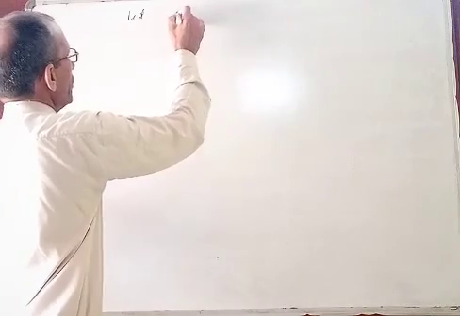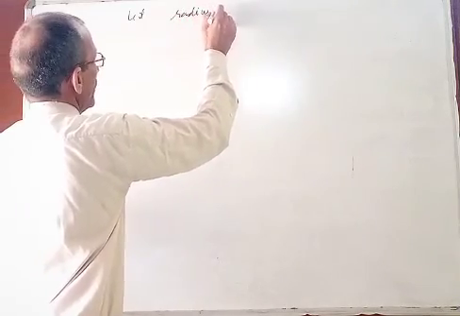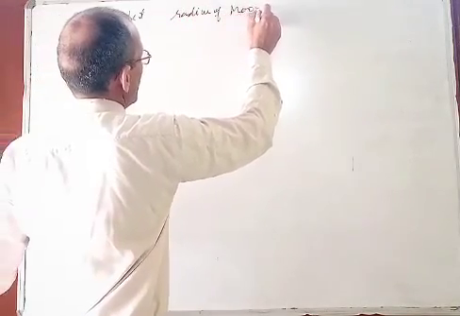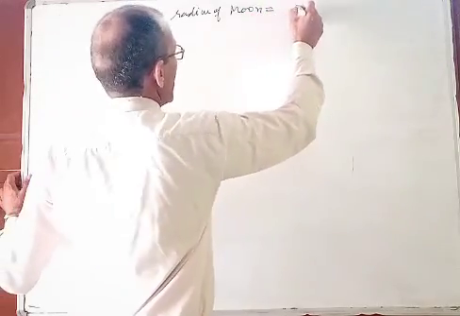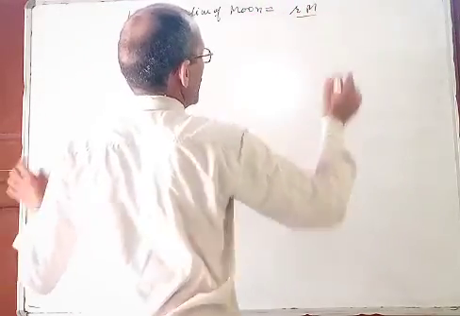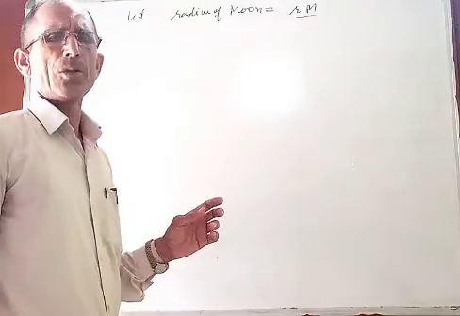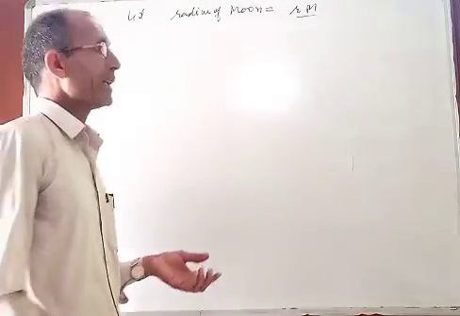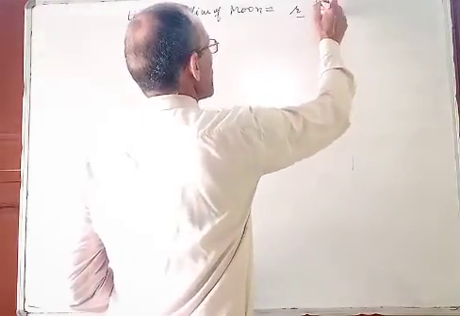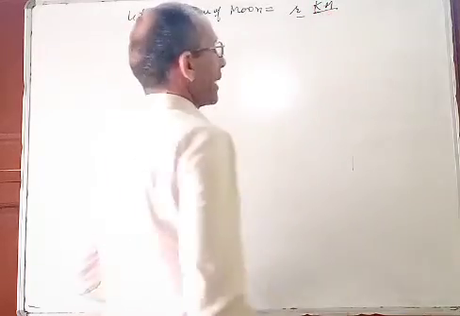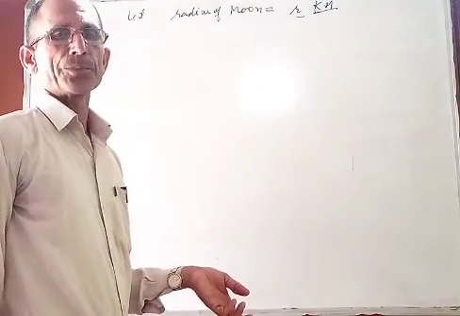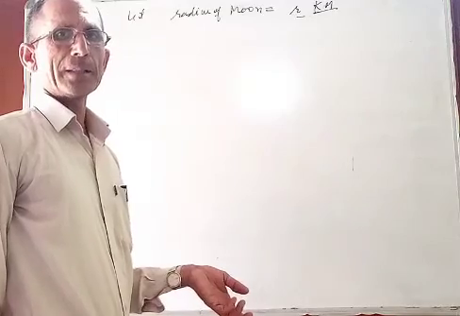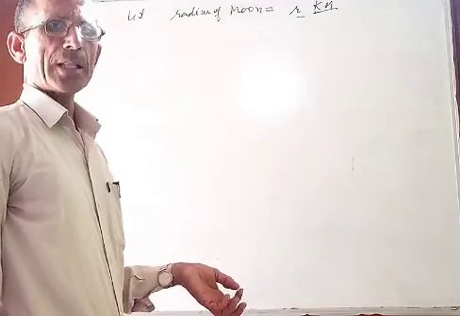Let the radius of the moon be r meter, or you can assume it in kilometer also. Because this will be small, let the radius of the moon be r kilometer.